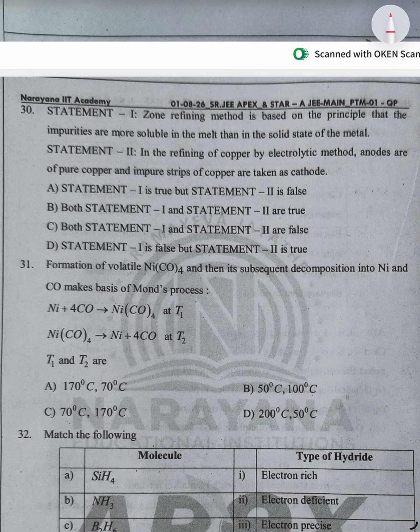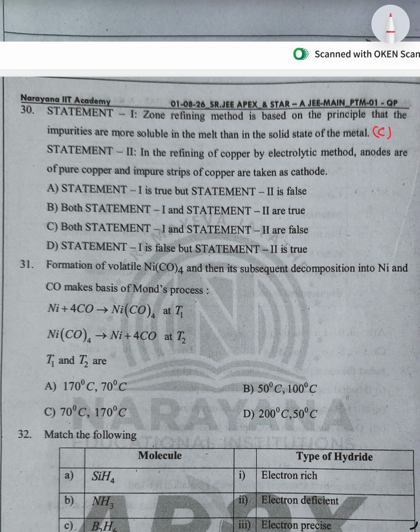Zone refining method is based on the principle that the impurities are more soluble in the melt than in the solid state of the metal. Yes, statement 1 is correct. Next one: in the refining of copper by electrolytic method, anodes are of pure copper and impure strips of copper are taken as cathode.